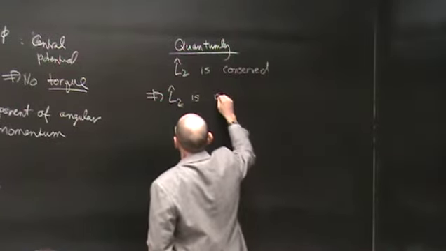Oh, I'm going to get confused with the notation here, so let me call that eigenvalue capital lambda. Okay. So this, we said, was h bar over i d by d phi, equal to capital lambda. What is capital lambda?